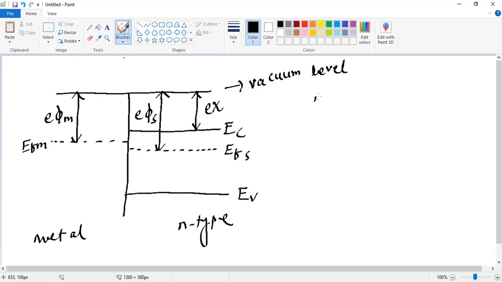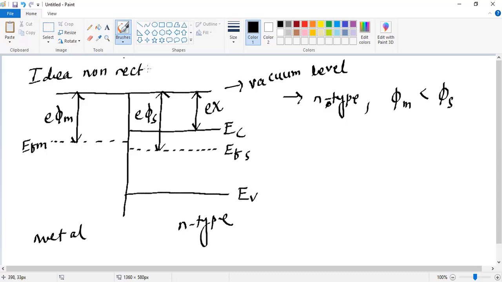The type of semiconductor we have taken is N type, and the condition is that phi m, the metal work function, is less than the semiconductor work function. This is the type of metal and semiconductor contact that we have taken. So here we are discussing the ideal non-rectifying, or ohmic, contact.